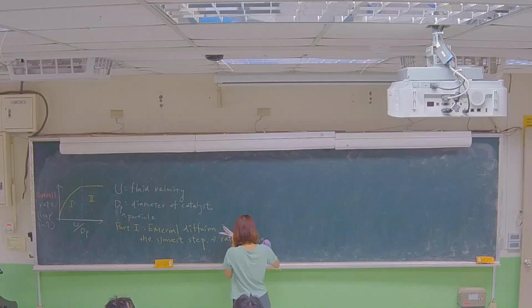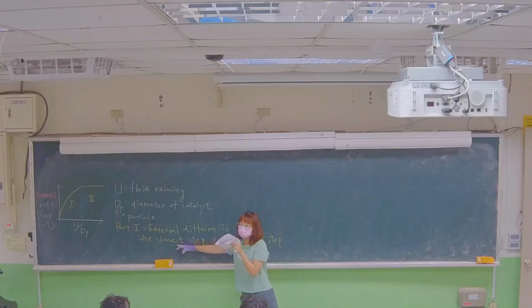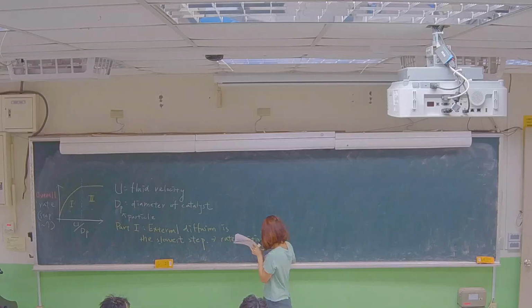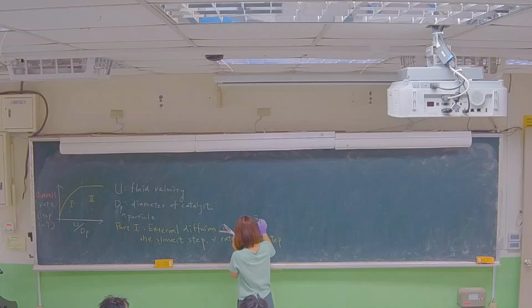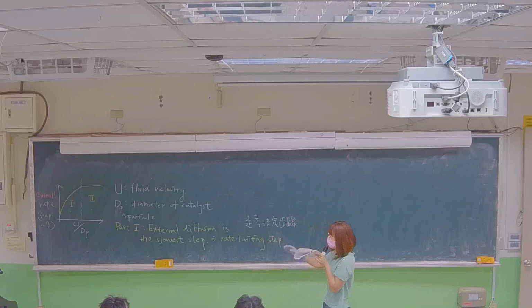So the overall rate is determined by the slowest one. Okay, so part 1, external diffusion.